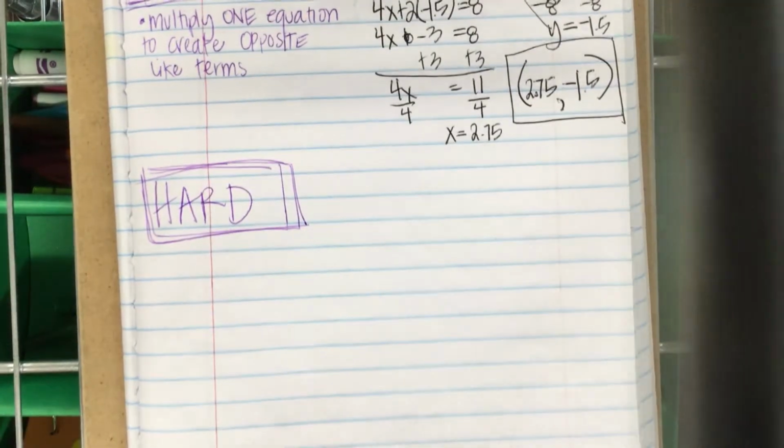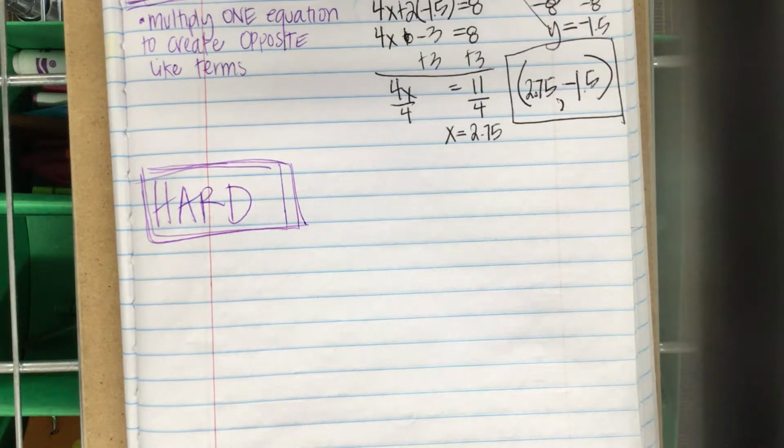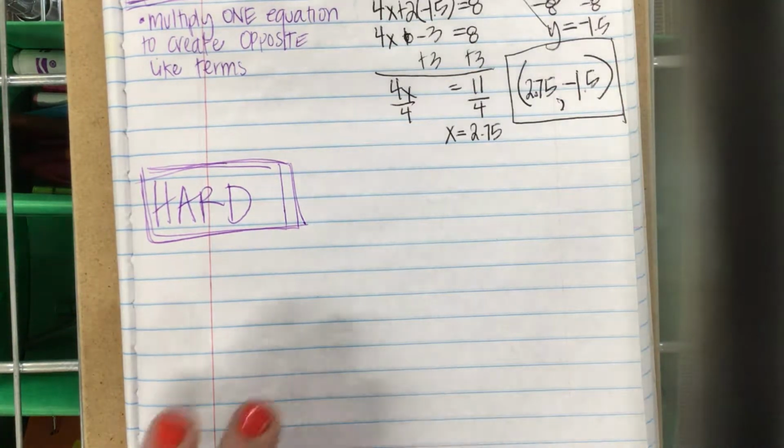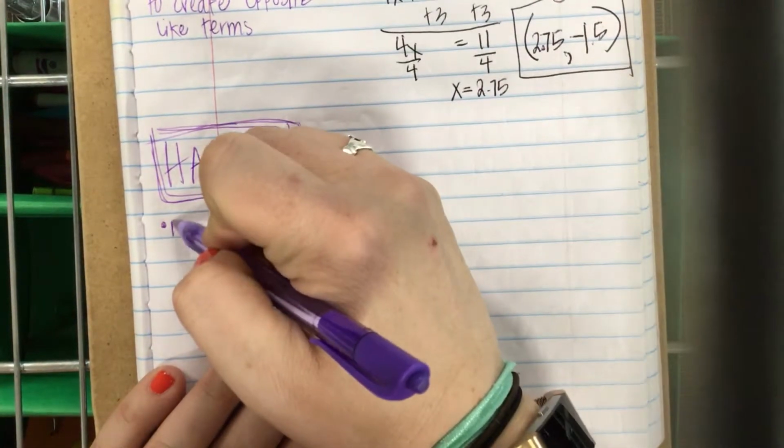In easy problems, you did not have to change anything. In medium problems, you had to change one equation. In hard problems, guess what? You have to change both.